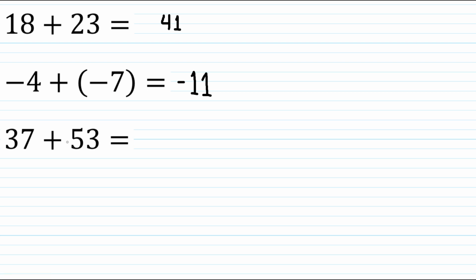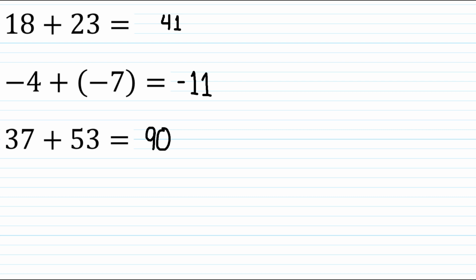So, we have here positive 37 and positive 53. So, we know the addition works. So, 37 plus 53 will give us 90. Okay? And then, positive number sila. So, it's positive 90. So, we don't need to prefix the positive sign here.